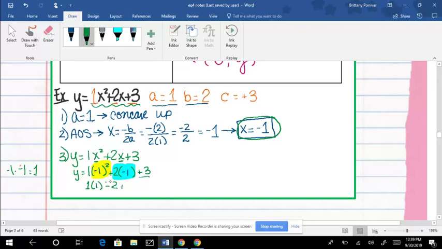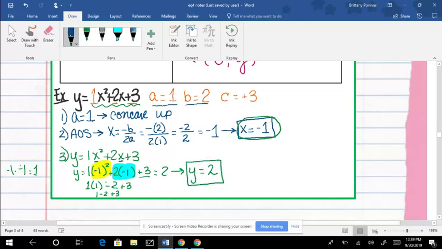And then this plus 3, we've got nothing to simplify. 1 times 1 is 1. So we have 1 minus 2 plus 3. Negative 1 plus 3 is a positive 2. So we just solved that y equals positive 2.